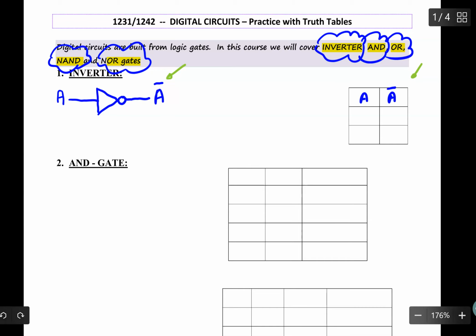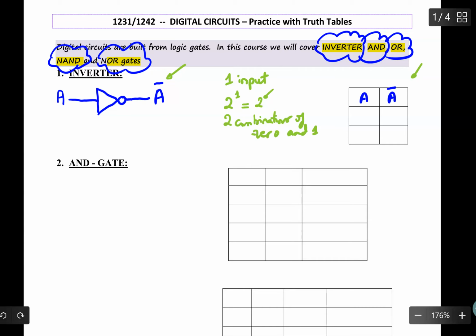So let's talk about the combination of 0 and 1. In here, I will have one input, but I will have either 0 or 1. So you write 2 to the exponent 1, and calculate this, I should have 2. This number 2 will tell me that I have 2 combinations of 0 and 1.